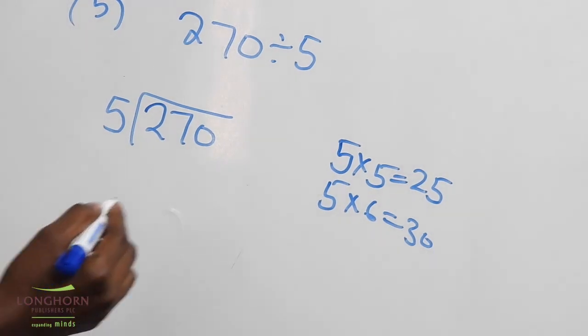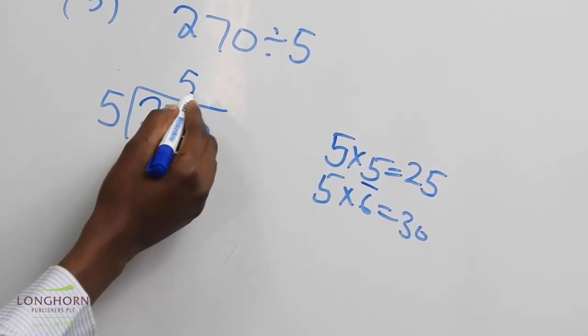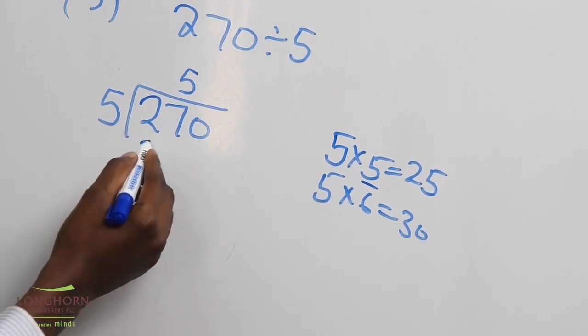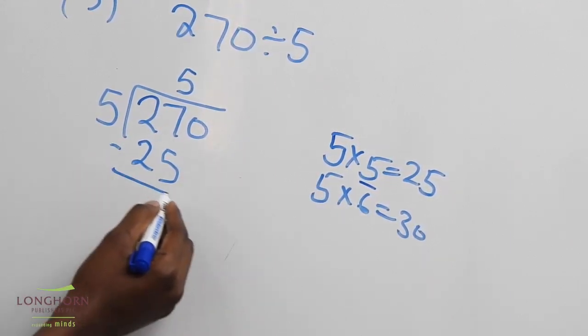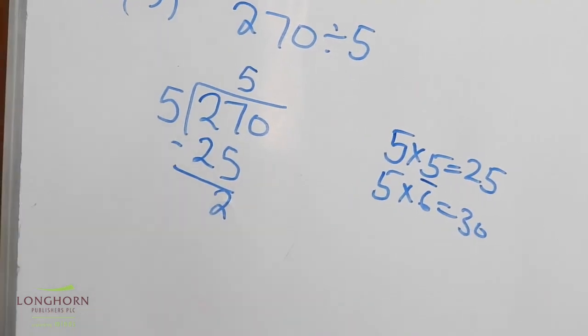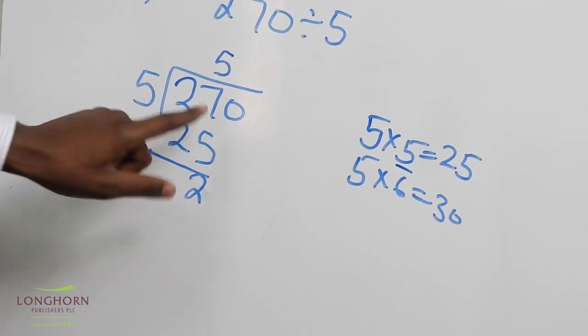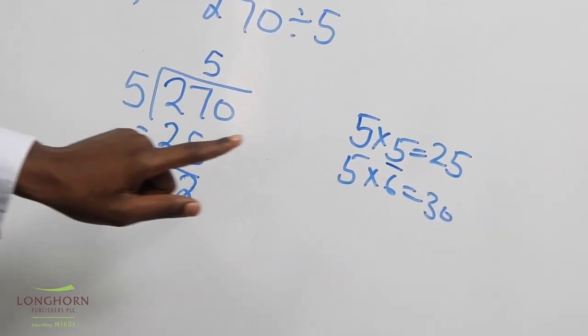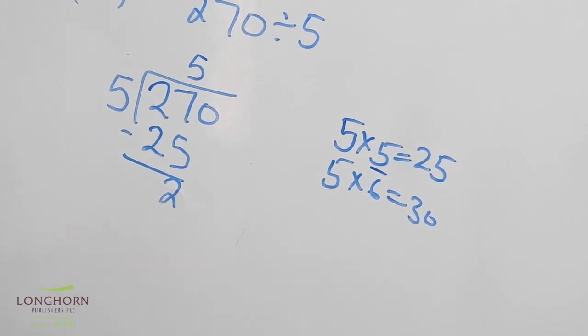So we take 5. We have 5 times 5 is 25. And then we subtract to have a remainder of 2. Note that we have written 5 just above 7 because 5 divides into 27 5 times. So we have a remainder of 2.